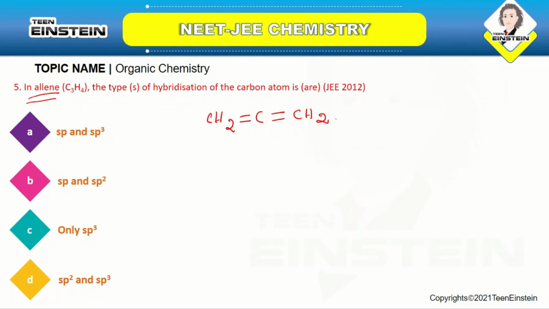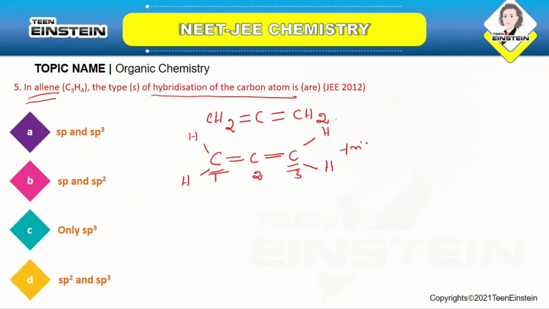We want to find out the hybridization of the carbon atoms present. Here 3 carbons are there, first 1, 2, 3.